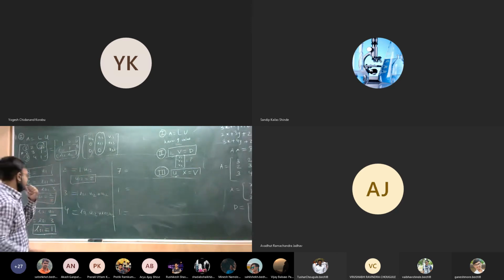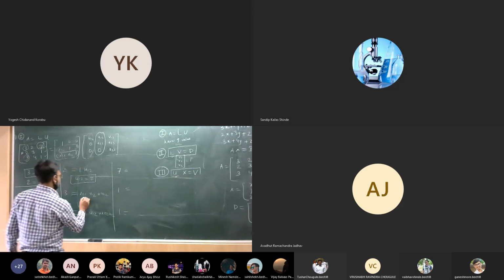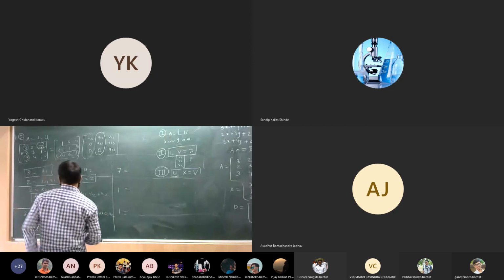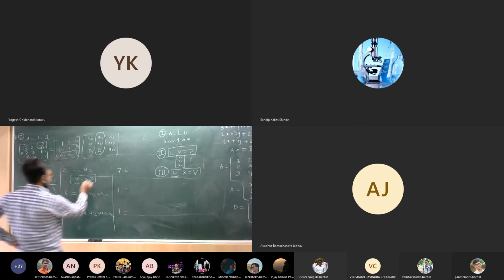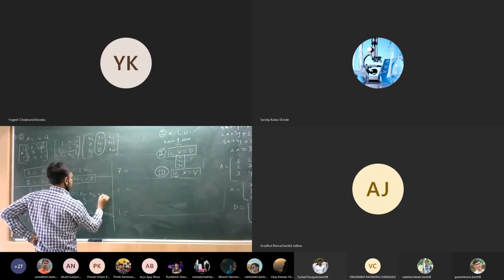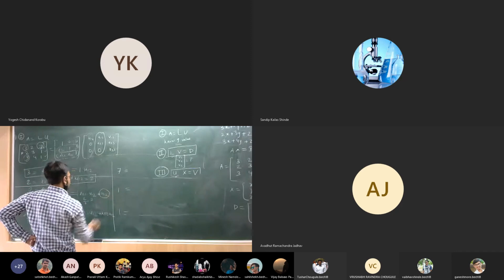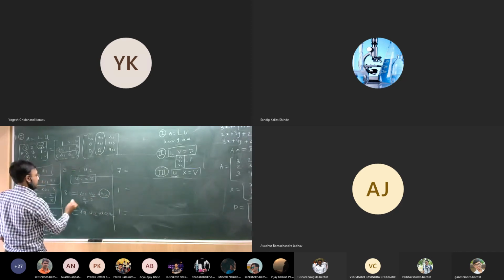So we need to find this element. Which are known to us? L21 is known. Then U12 is known to us. So we are ultimately going to find this U22. These two elements are known and 3 is also there.